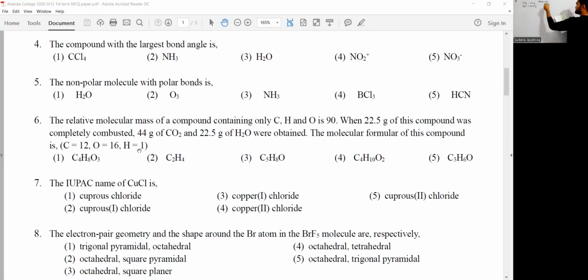It says this compound contains carbon, hydrogen, and oxygen too. Let's write it as CxHyOz. It's asking for the molecular formula of the compound. So the long method is this.